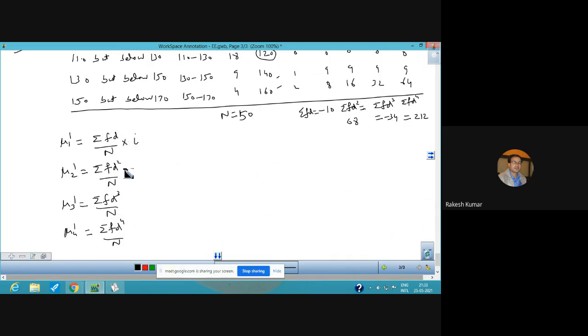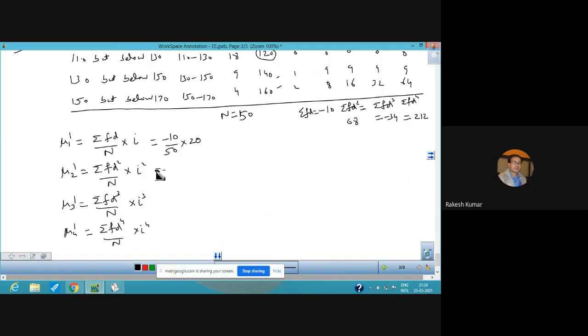You will multiply with i, and then with i square, i cube, and i raised to power 4. So you will have minus 10 upon 50 into i, and i comes out to be 20.